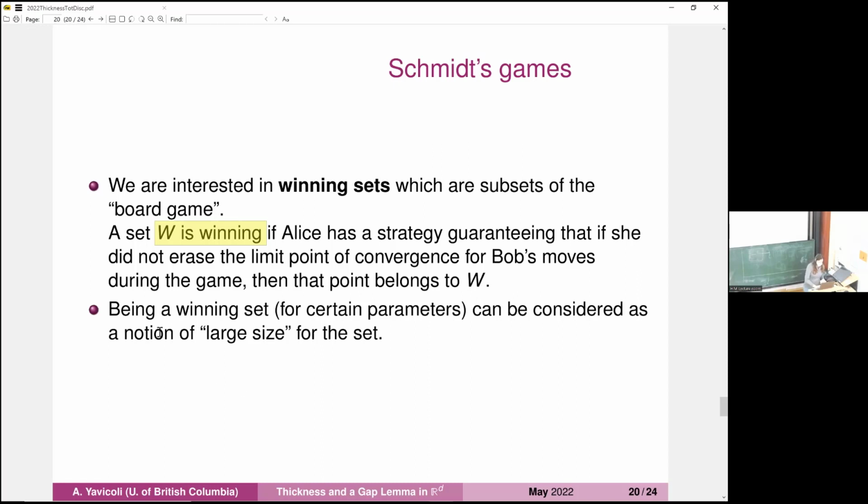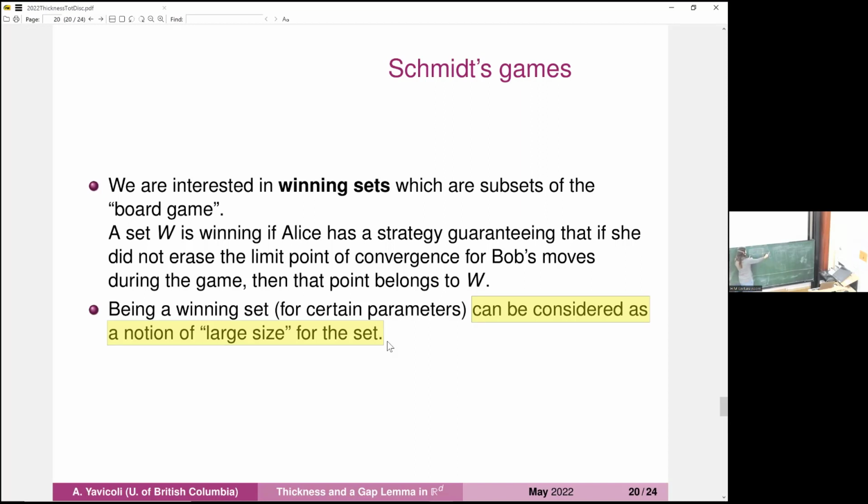In some sense, being a winning set for certain parameters can be considered as a notion of large size for the set. For example, I'm going to give you an example because I believe this can be new for you. Let's say that I want to show that the middle third Cantor set is winning, and Alice is able to erase something of proportion 1/3.